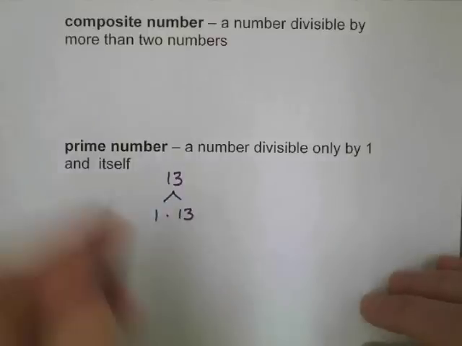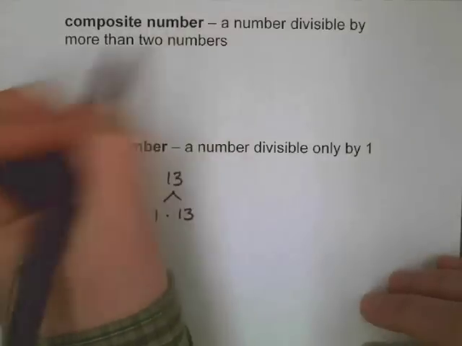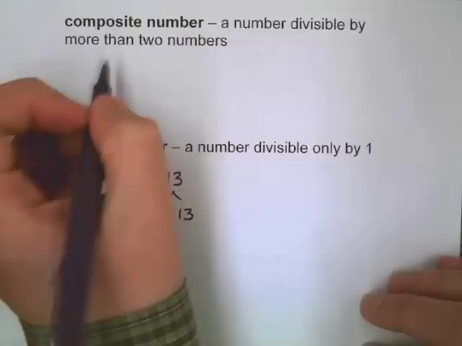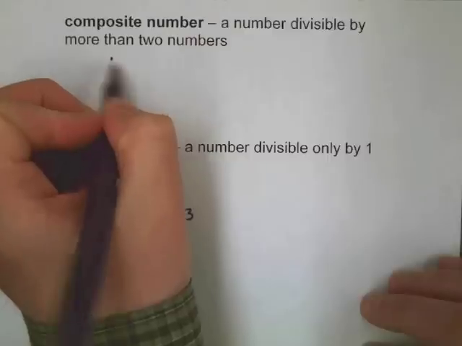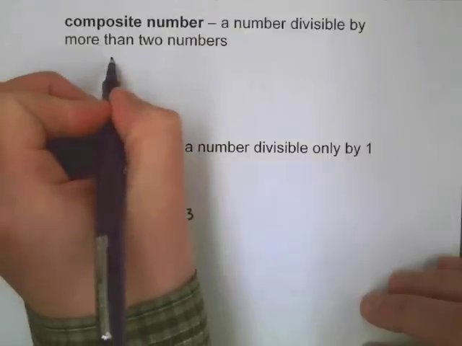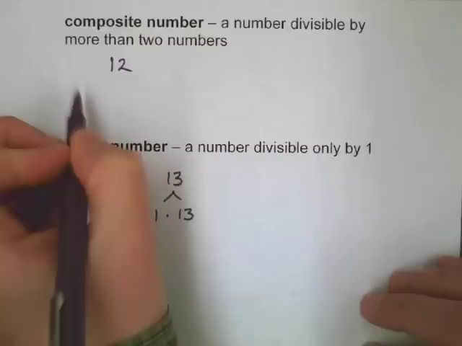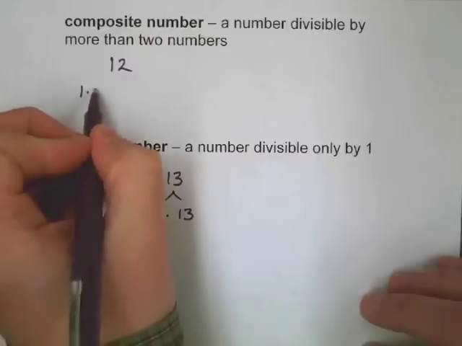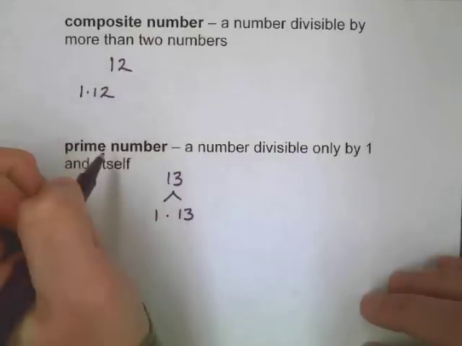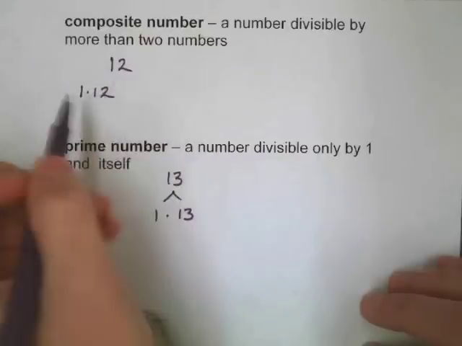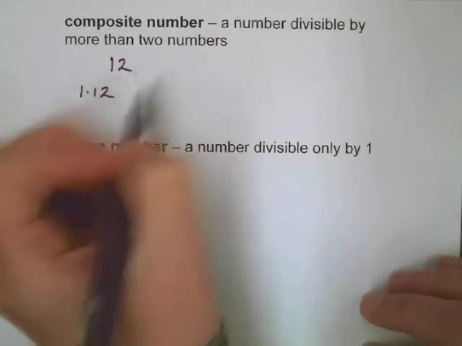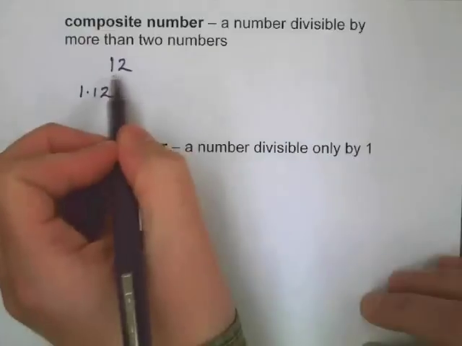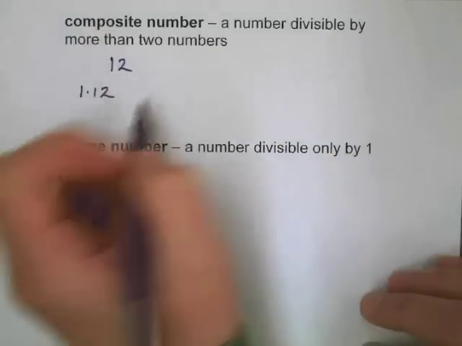A composite number is a number that's divisible by more than two numbers. So we know that 1 and the number itself will be two of those numbers. Let's look at 12. Well, 1 and 12 will come up with 12. But we can also divide it by 2 because it's an even number, and I know by my divisibility rules that any number that's even is divisible by 2.